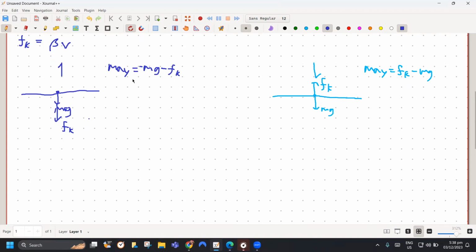Okay, so for this scenario, the velocity is upward.